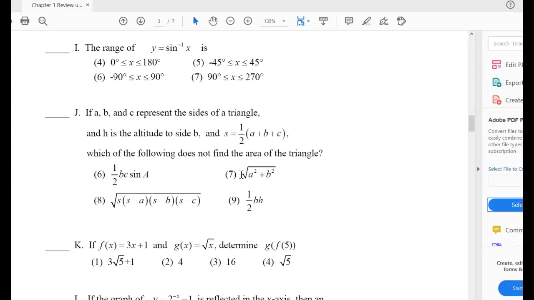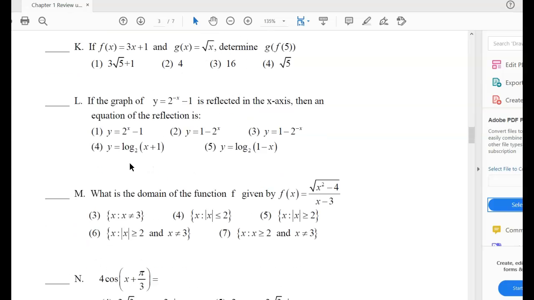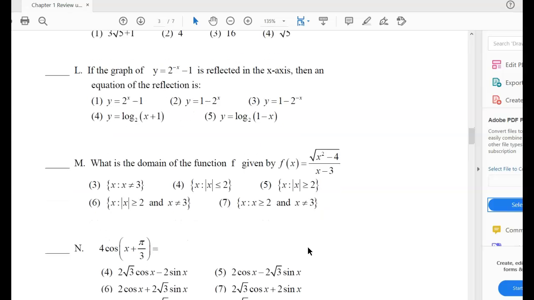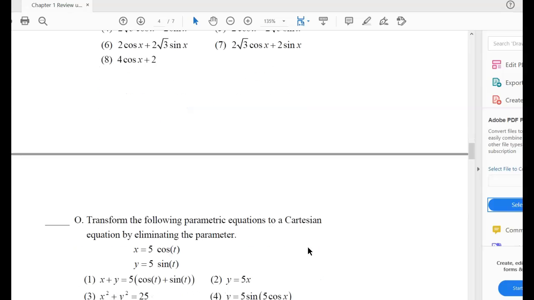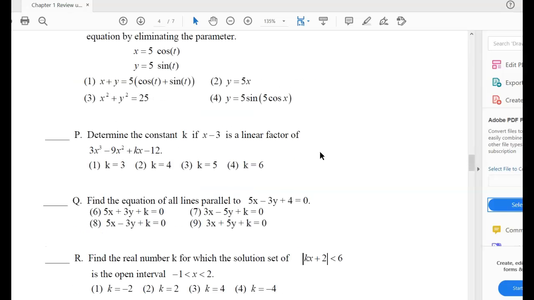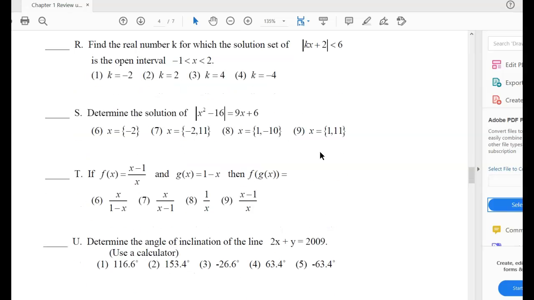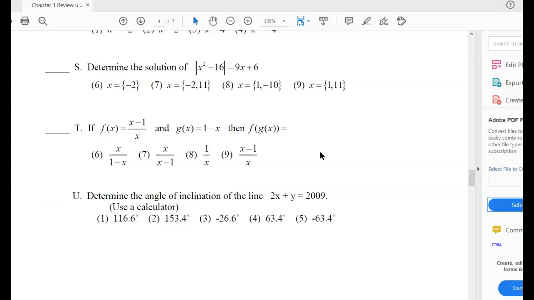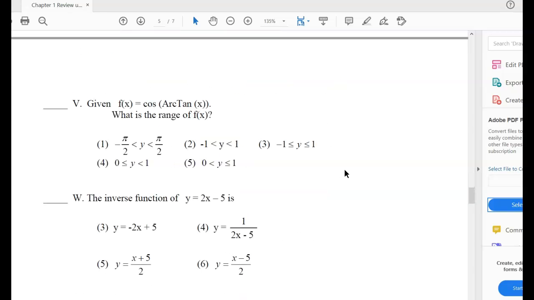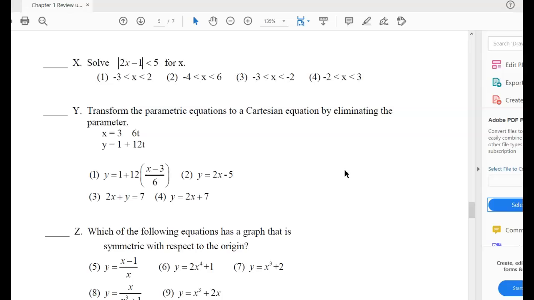It's when you get down a little bit further, like we don't need to know how to do J. You'll need to know, again, in that review packet, no J. No O. No U. No Y.